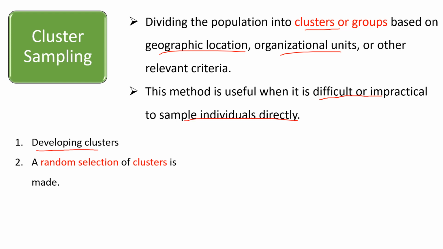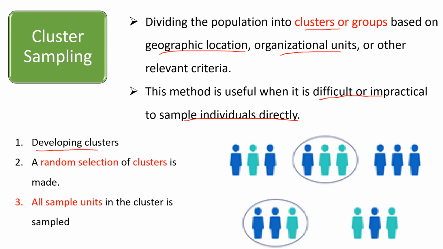Instead of taking individual sampling units, we consider the clusters as the sampling unit, so we randomly select the clusters. The third step is that all sample units in the selected clusters are sampled.